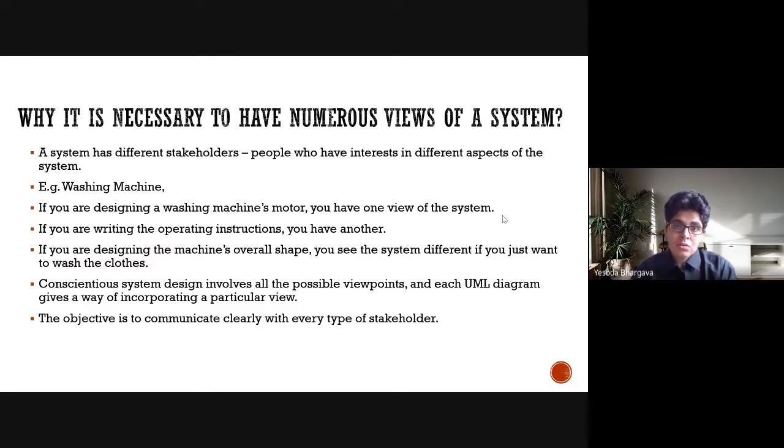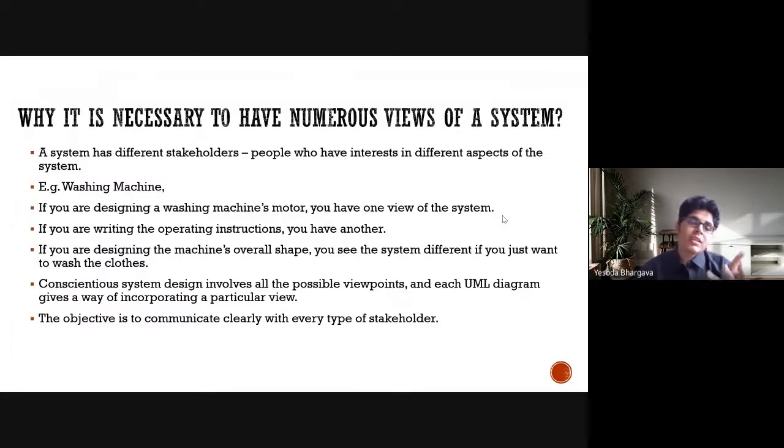So for example, I'll be explaining how different views of a system work with respect to a washing machine example. If you're designing a washing machine's motor, you might have one view of the system, but when you're writing the operating instructions, you might have another.